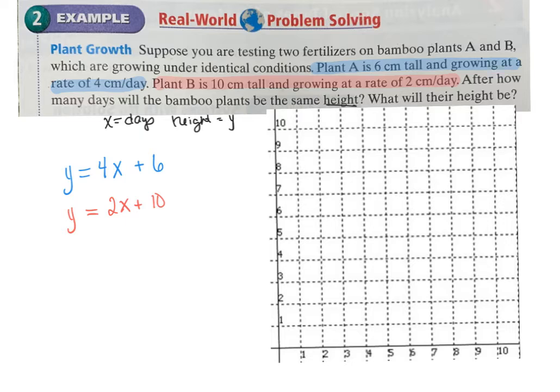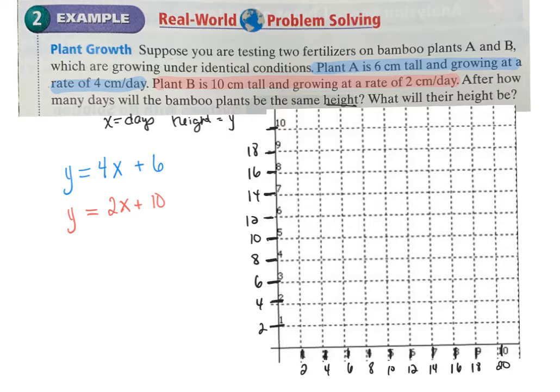So I may want to go back to this and say, I'm going to do this every 2 because that's going to make more sense in what I actually need to do and how big I want my graph to be. All right. And so there are times in a word problem that I don't necessarily want to go by ones. All right. So I may want to change this to something like this to make it easier to graph this particular one.